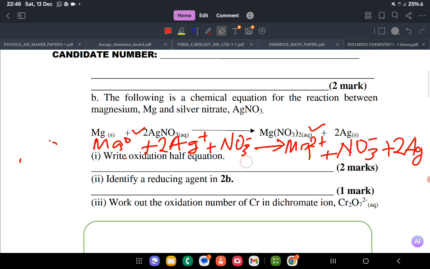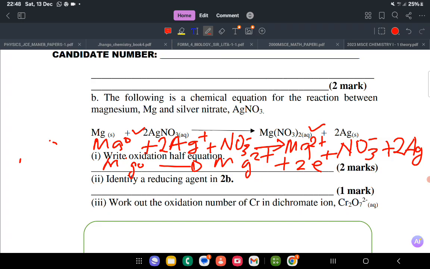How do you know that? Because its oxidation number has changed from 0 to 2+. Don't forget to add the 2 electrons, because otherwise you end up with an equation which is not properly balanced in terms of charges.